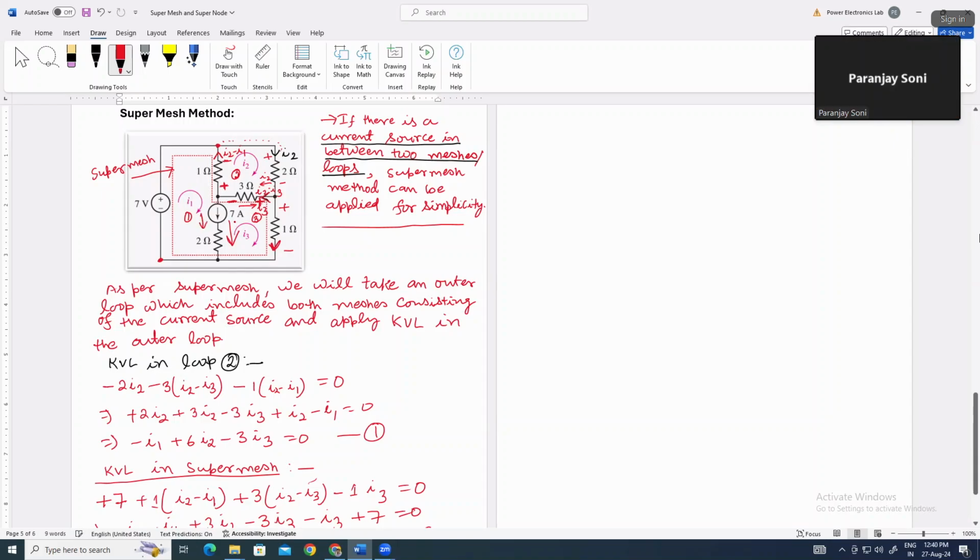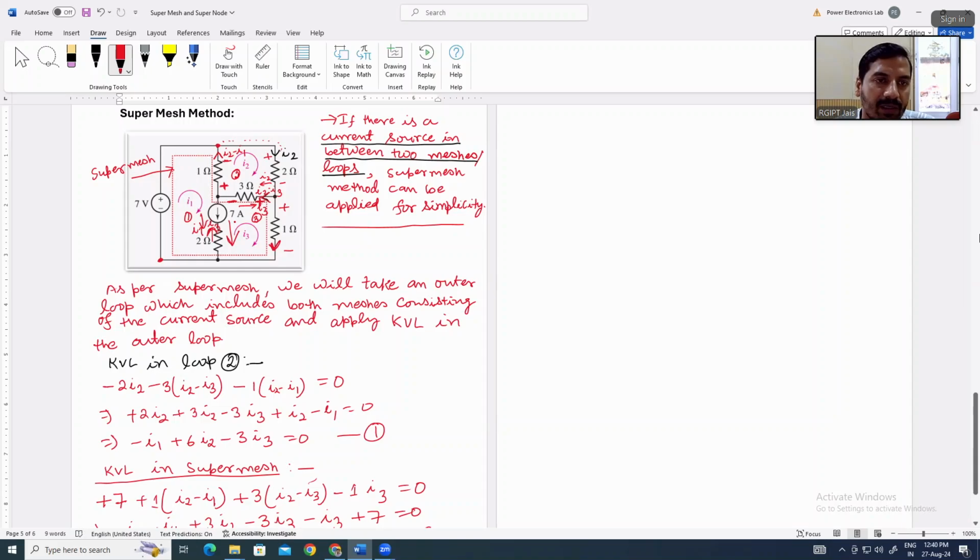Yes. I1 is flowing in the downward direction. I3 is flowing here in the upward direction. In this loop, in this branch, this is loop 3, so I3 will flow from bottom to upper. So this will be I3, this will be I1.